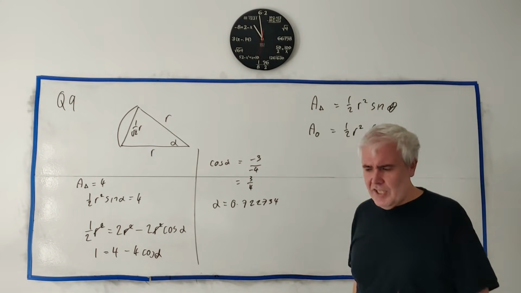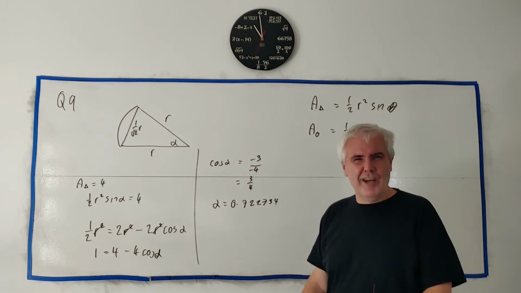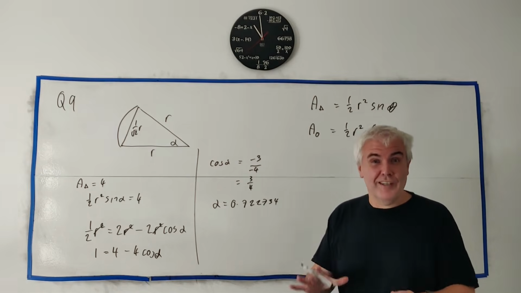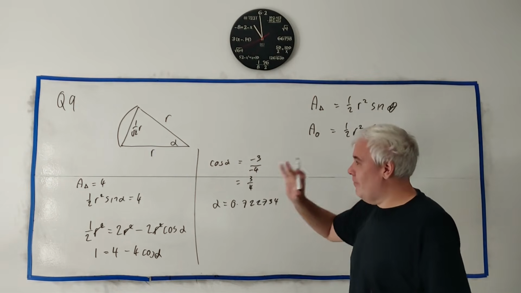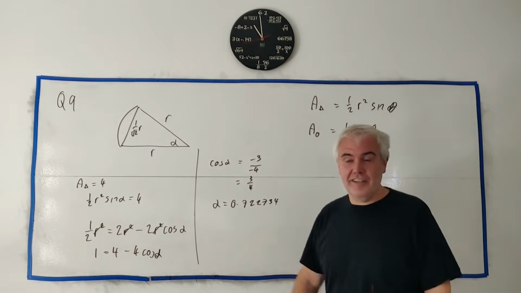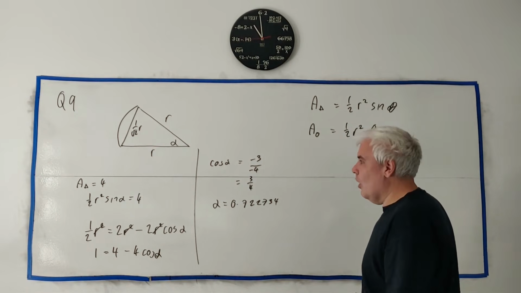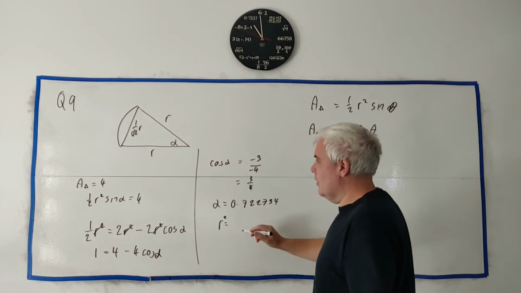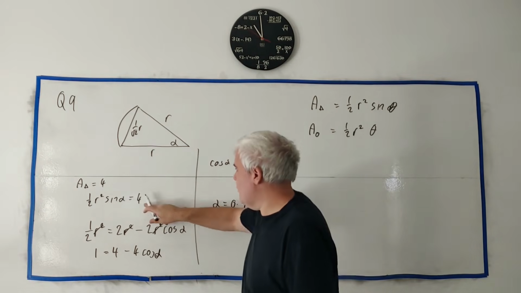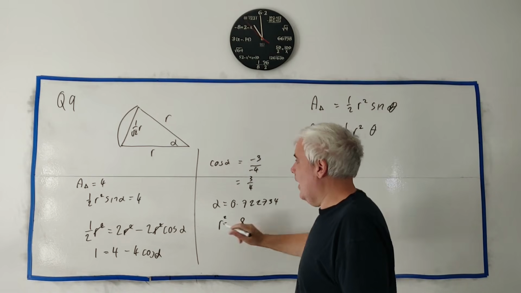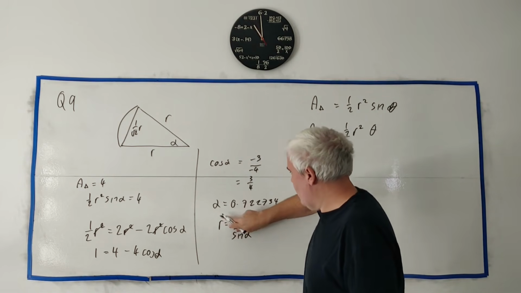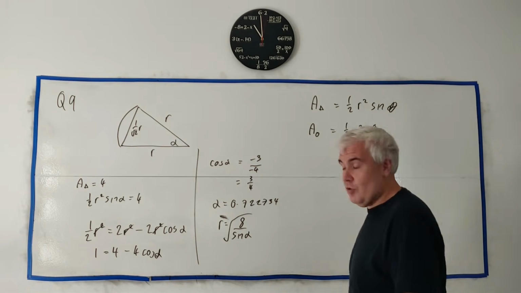To answer this, if we have alpha and or, we'd be finished. I just stopped there for a second because I thought, there's probably a tricky way in this just to use 1 or 2 of them to find it. Let's just do it the dumb way. Find alpha, find or, and then find the area of the small bit. Okay, so or, if we rearrange this one here, or squared is just equal to 2 times 4 is 8 divided by sine alpha, or let's say you can get rid of the squared and put a square root in.